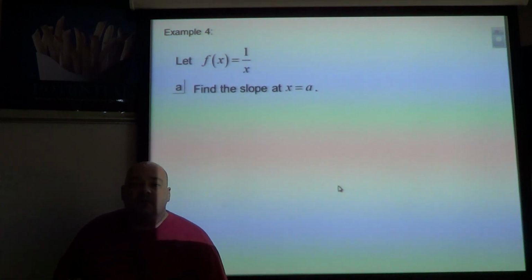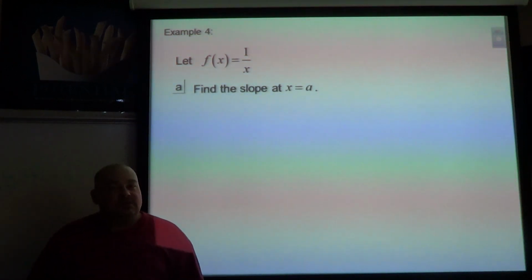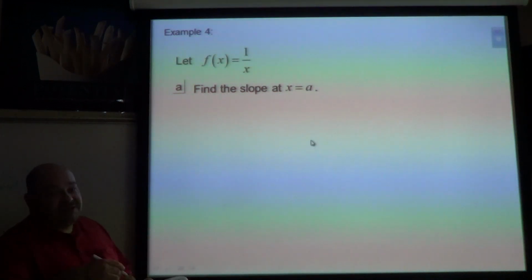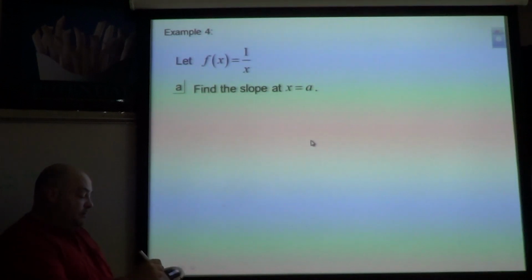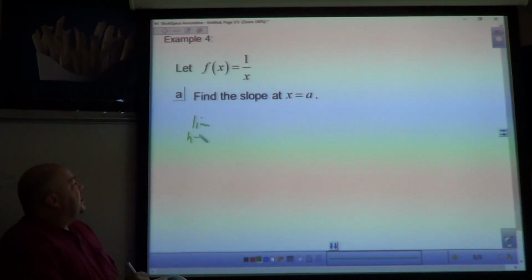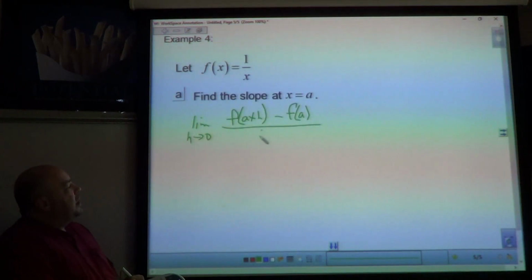Alright, so let's do a couple of things here. Let's find what the slope at x equals a would be. All we're going to do is the same thing we just did with our limit. So we've got the limit as h approaches 0 of f of a plus h minus f of a all over h.